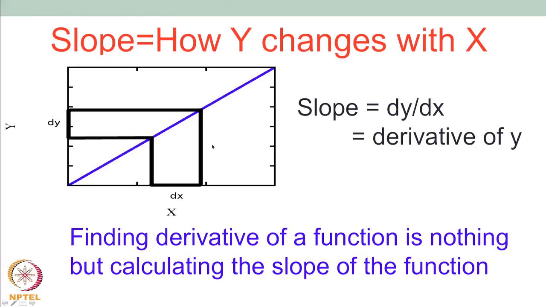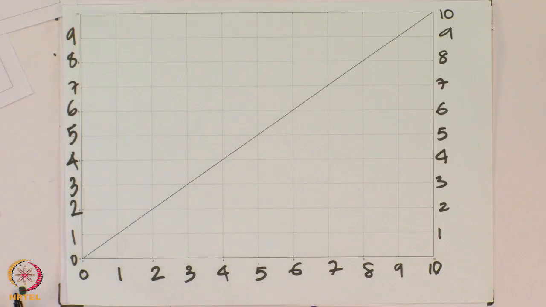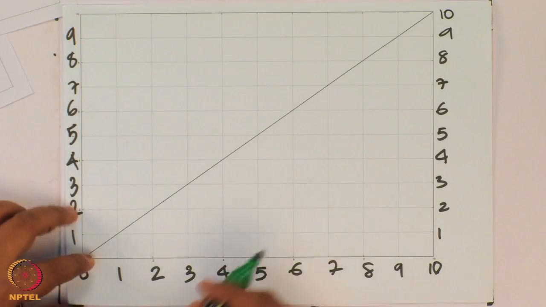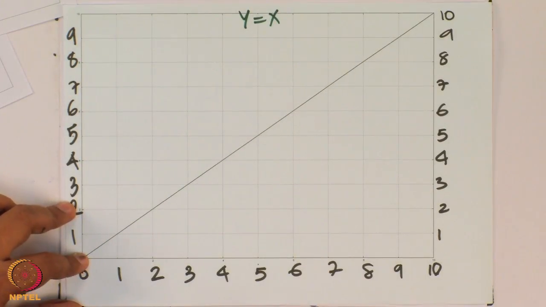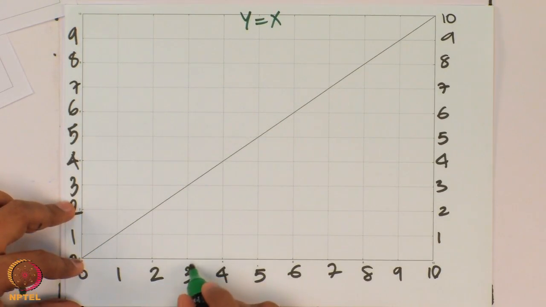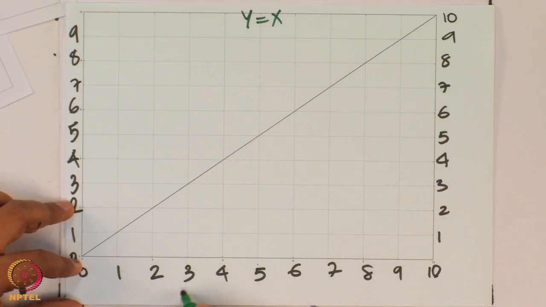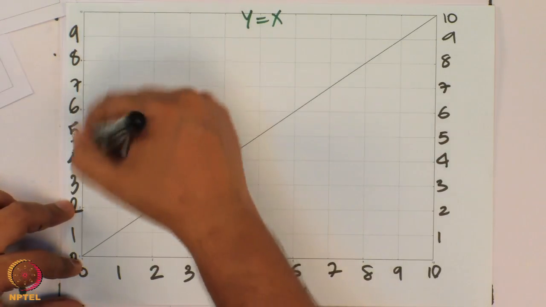So let us think about the slope a little bit more by taking the curve that we all knew. This is the simple curve y is equal to x. If I just take two values of x, so this is my x and this is my y.